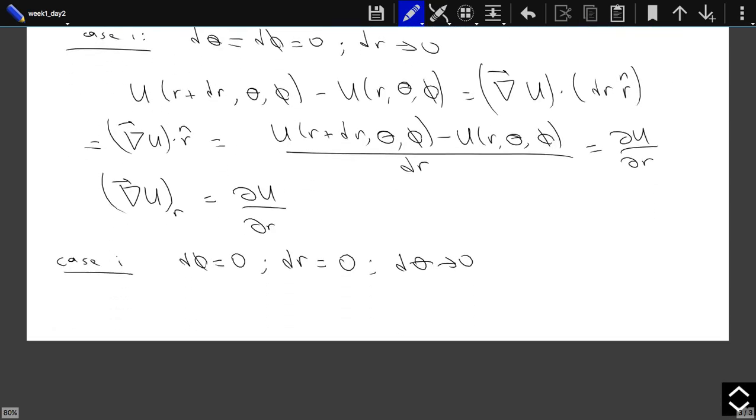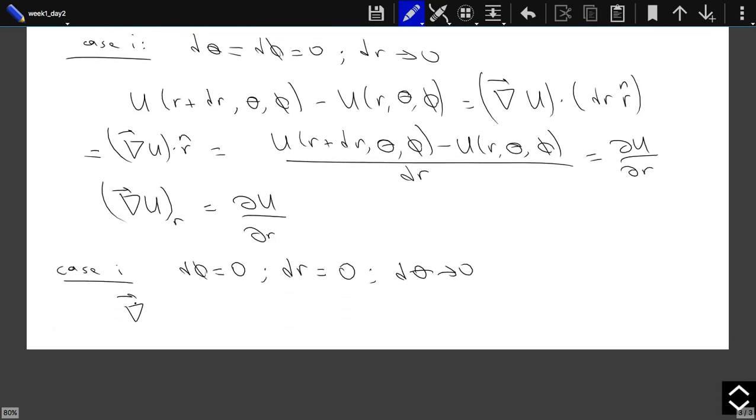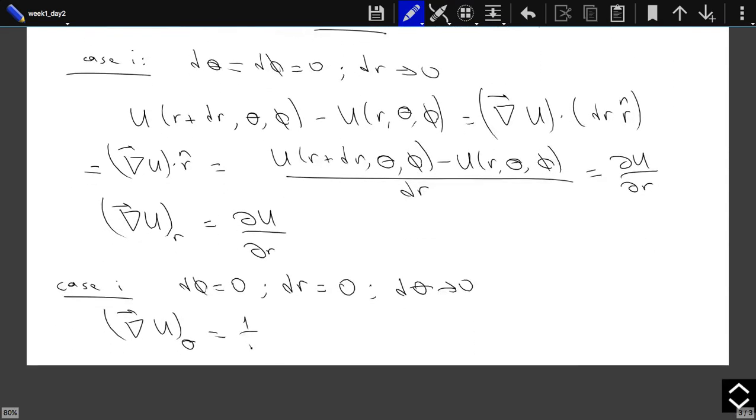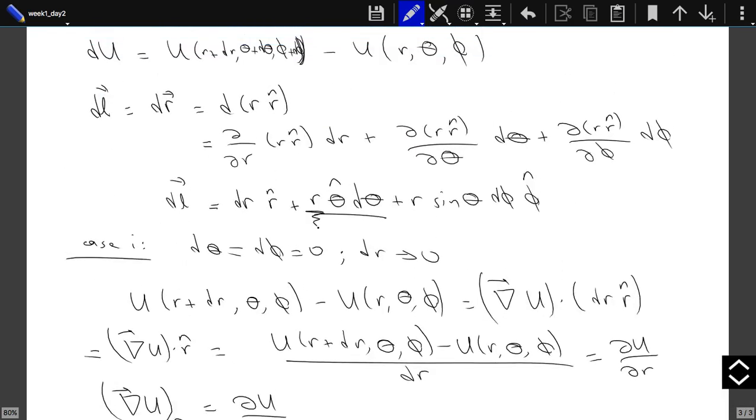And, well, just do the algebra. It's just one line. The theta component will just turn out to be 1 over r du by d theta. This 1 over r is this r over there.